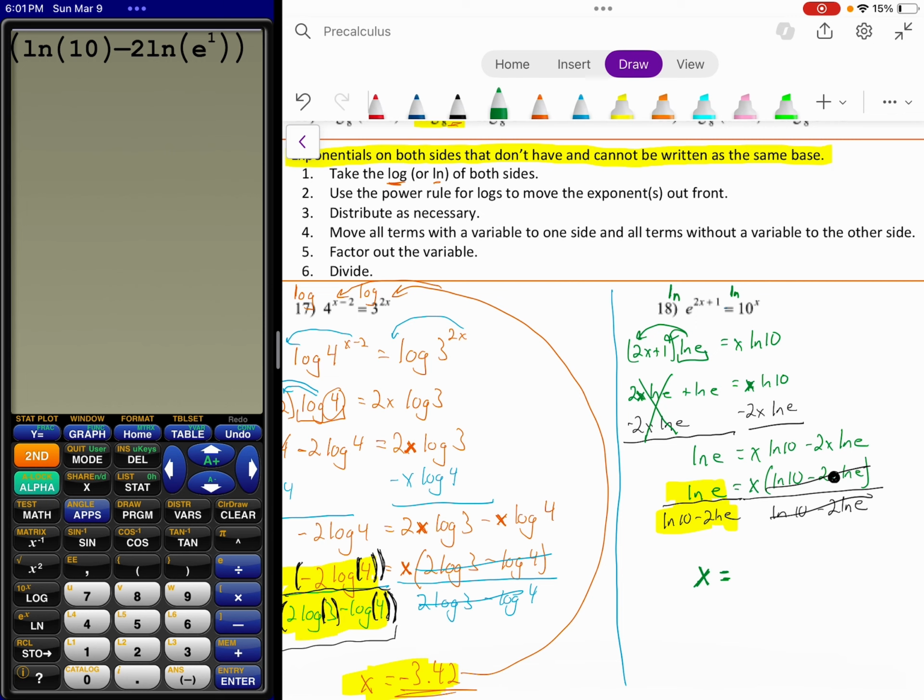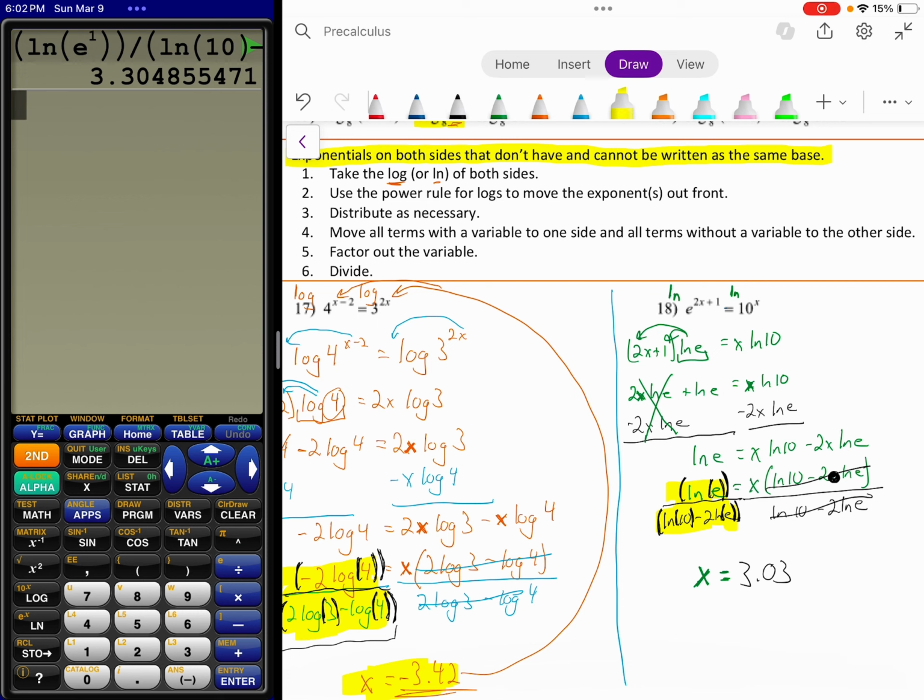So again, I'll come down to what I have written here. So open parenthesis, calculator gives me this one. I end the e, and then I have to end the numerator. Go to the denominator, open parentheses, calculator gives me this one, natural log of 10, close the parentheses, calculator gives me this one, end after the e, and then end the denominator, hit enter, and we get 3.03.